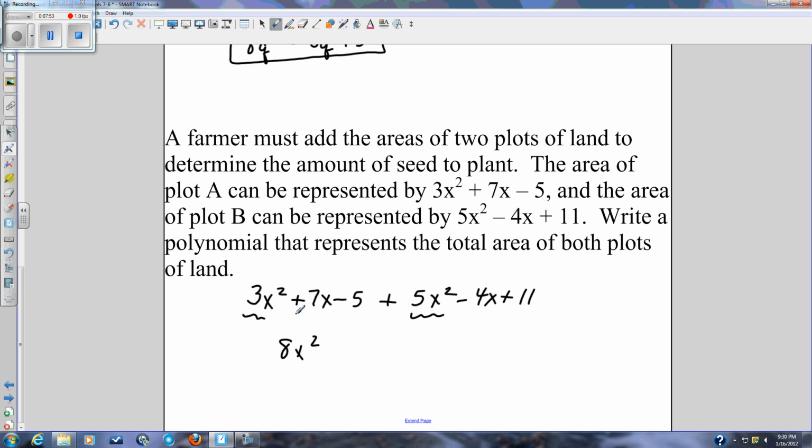We have 7x minus 4x, which are like terms, so we have plus 3x. And then we also have negative 5 and plus 11, which gives us positive 6. So we have 8x squared plus 3x plus 6.